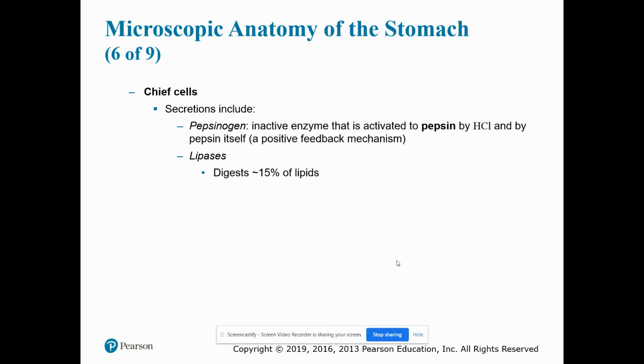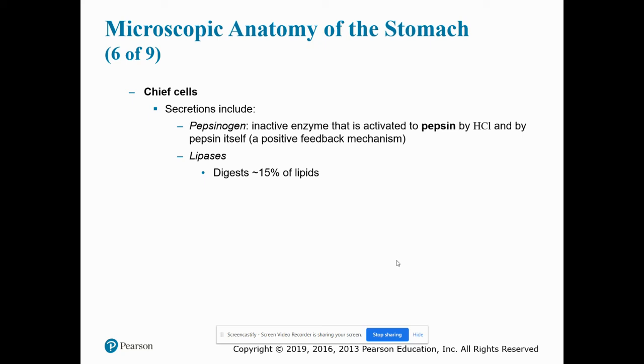We have chief cells. Their secretions include pepsinogen, an inactive enzyme that's activated to pepsin by hydrochloric acid and by pepsin itself. It's actually a positive feedback mechanism, which, if you remember from AMP1, you don't see a lot of positive feedback mechanisms in the body.